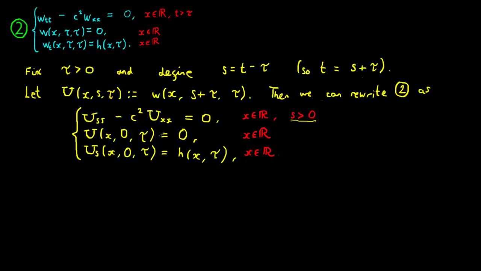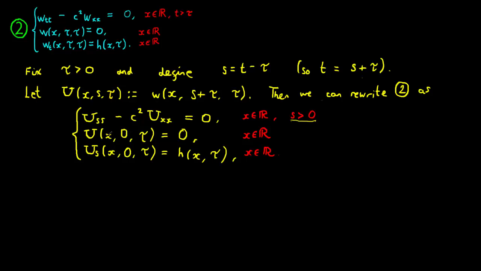Also, the initial conditions. Before, if you look at problem 2, we didn't have initial conditions defined at time 0, we had them defined at time tau. But now that we've defined the shifted time parameter s as t minus tau, then if we subtract tau from this tau, these conditions are defined for time equals 0.